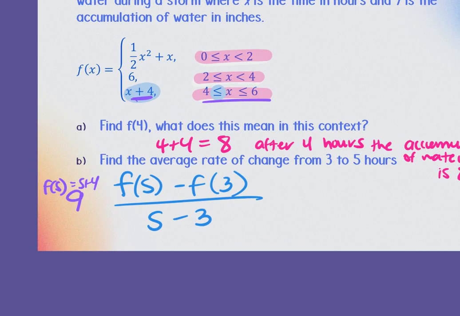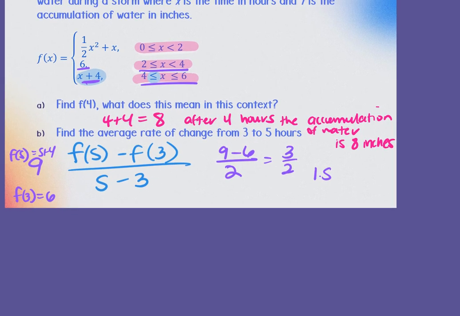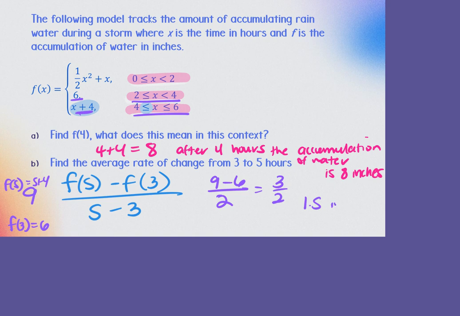And 3 is in between 2 and 4, which is just 6, which means f of 3 is 6. So then I get 9 minus 6 over 5 minus 3, which is 2, and I get 3 over 2, or 1.5. You could keep it as 3 over 2, but 1.5, what's the units? Inches per hour.